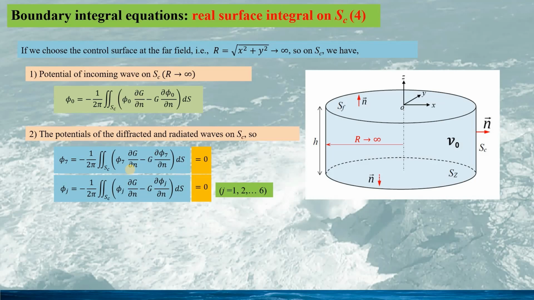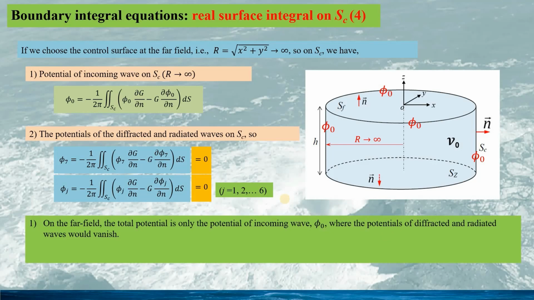This is in accordance with the mass conservation and energy conservation. As such, on the large control surface, the potential would be only for the undisturbed incoming wave phi 0, while the diffracted and radiated waves would have no effect in the far field.